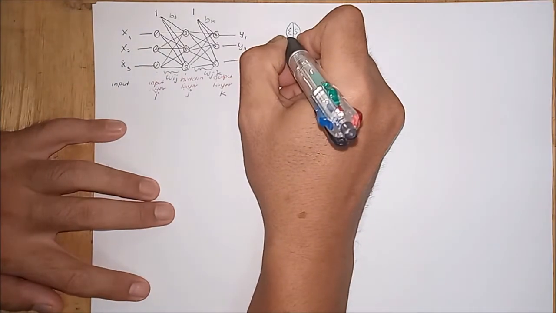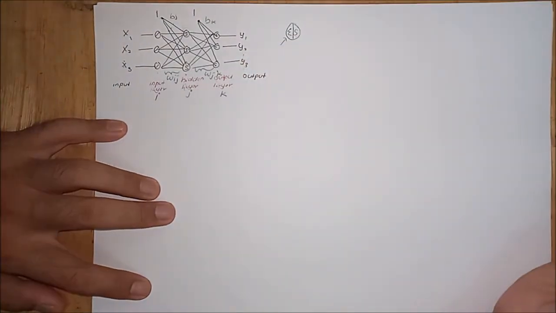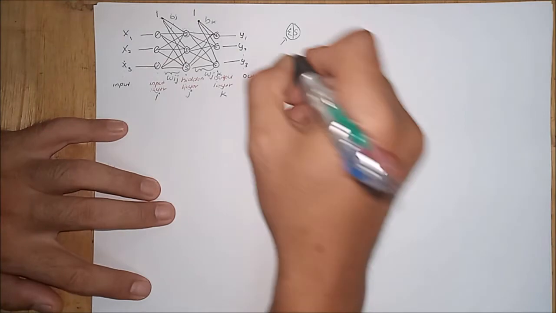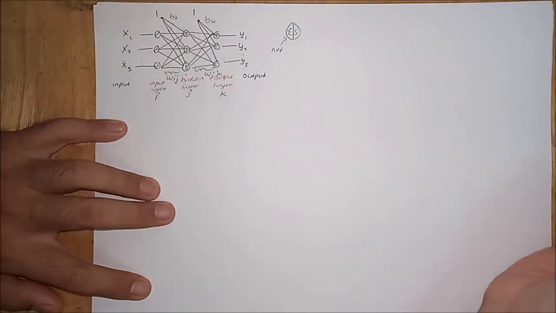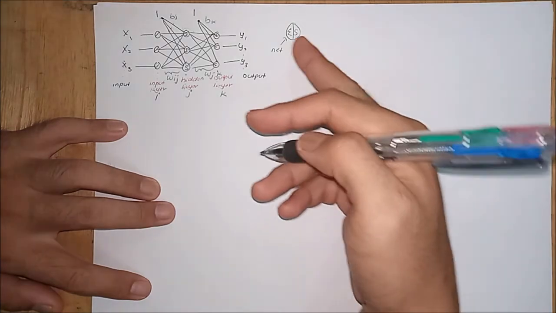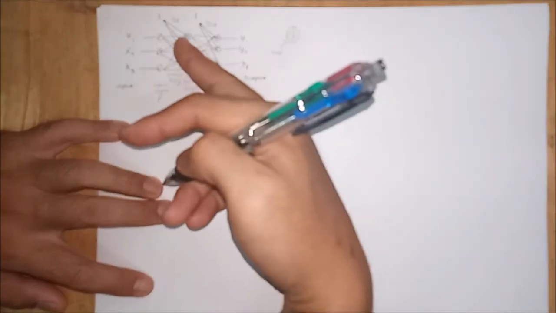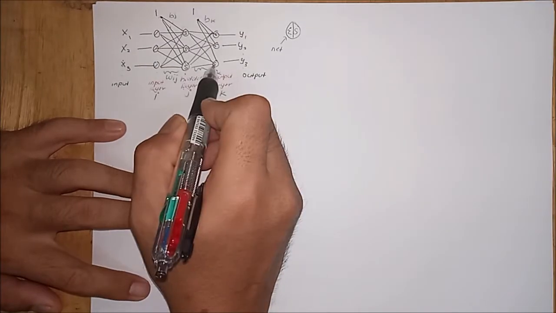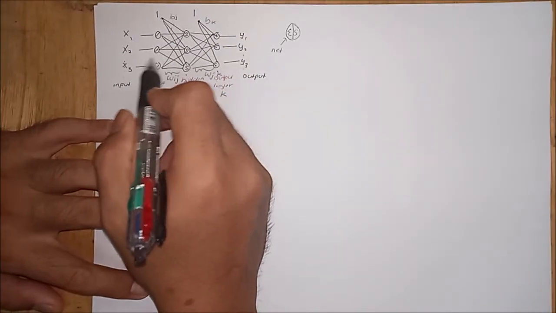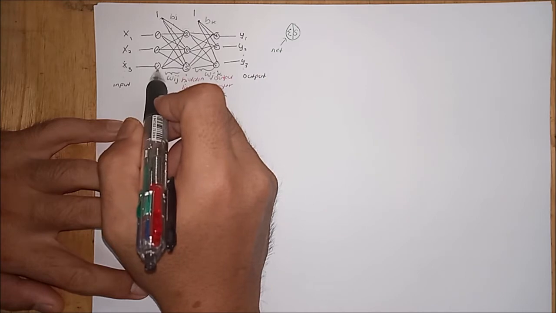For the input of the summation, we give the label net, and for the output, S is the sigmoid activation function, and this other symbol is for the linear activation function.